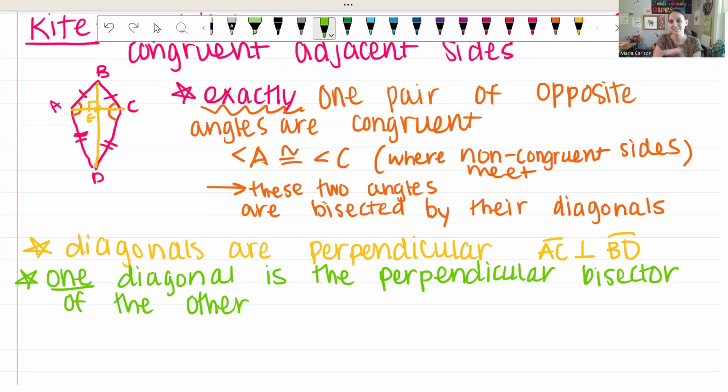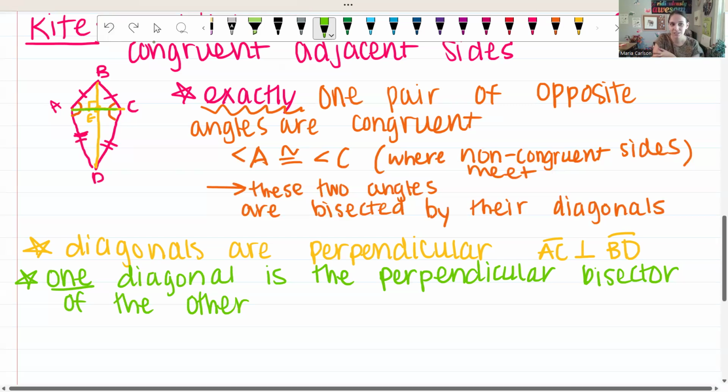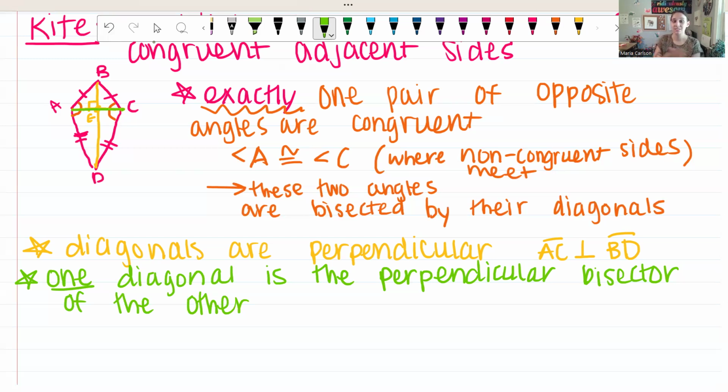It's always the diagonal going across those two congruent opposite angles, where the non-congruent sides meet, that gets bisected.